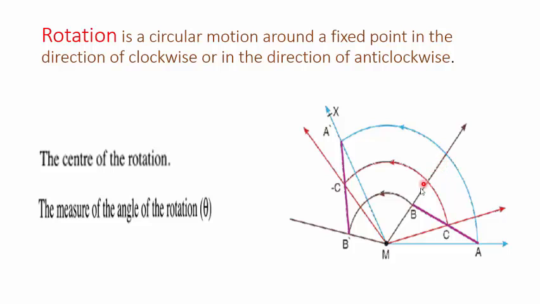The brown one is from B to B dash. And the third piece of information is the direction of the rotation, anti-clockwise or clockwise. This is in the direction of anti-clockwise.